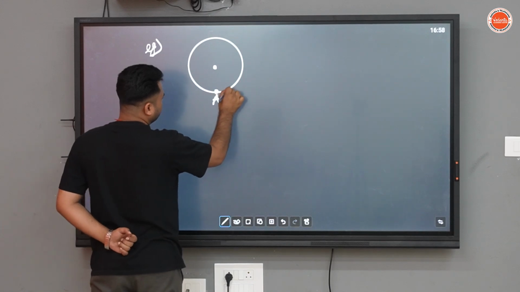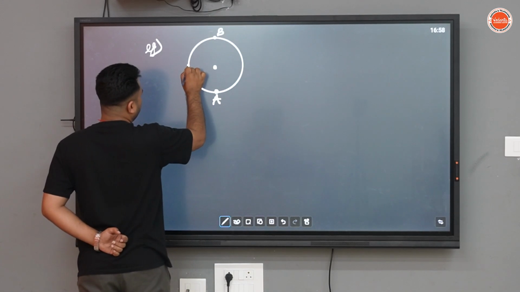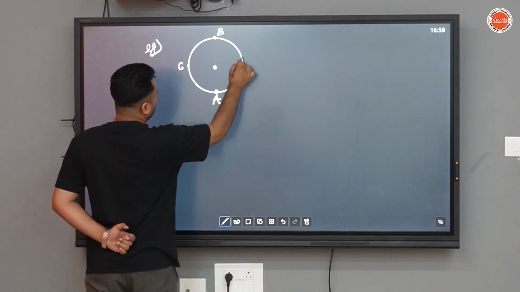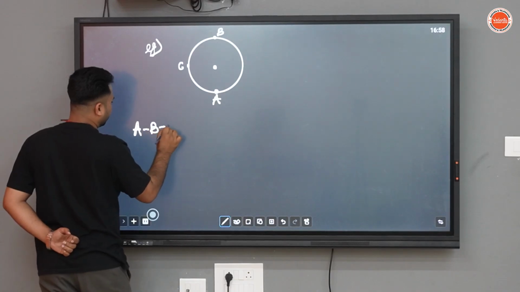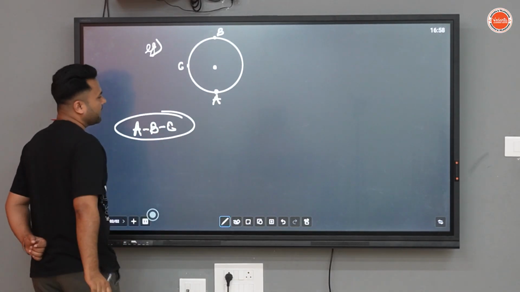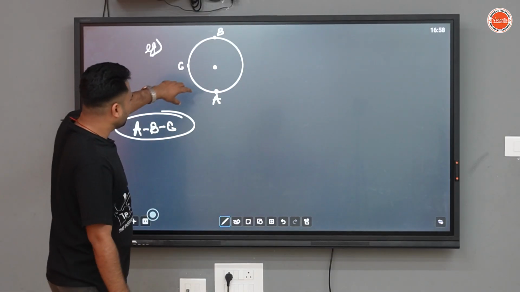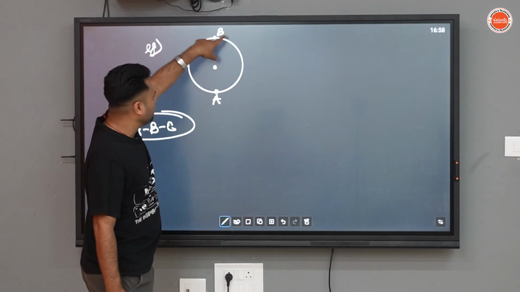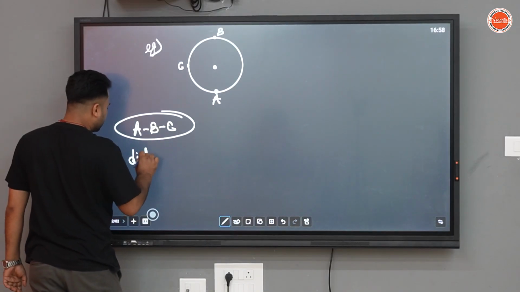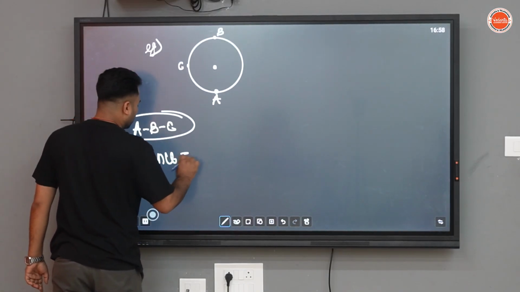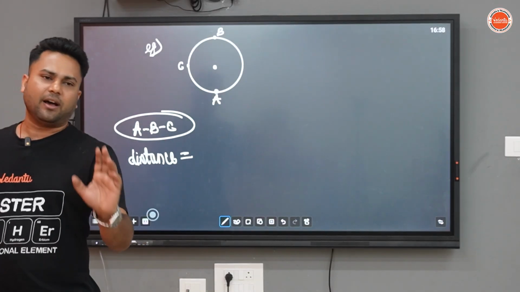This person goes from A to B to C. This is the journey A to B to C. Correct? They will ask, if the person goes from A to C via path B, what is the distance? How much distance is this person covering? Radius they have given R.